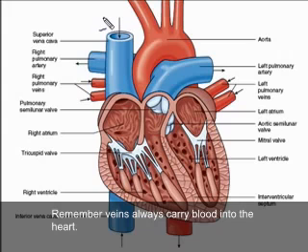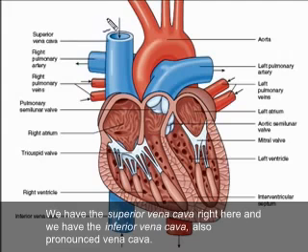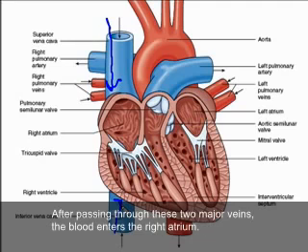Remember, veins always carry blood into the heart. We have the superior vena cava right here, and we have the inferior vena cava, also pronounced vena cava. After passing through these two major veins, the blood enters the right atrium.